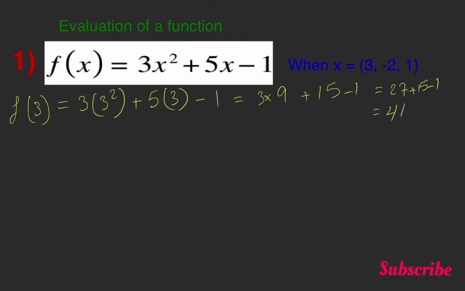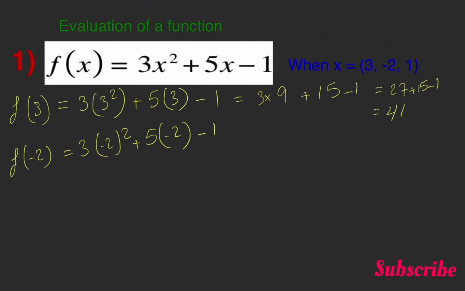This is the first one. Let's do the second one. f of negative 2 is equal to 3 times negative 2 squared plus 5 times negative 2 minus 1, which is 12 minus 10 minus 1, which is just 1.